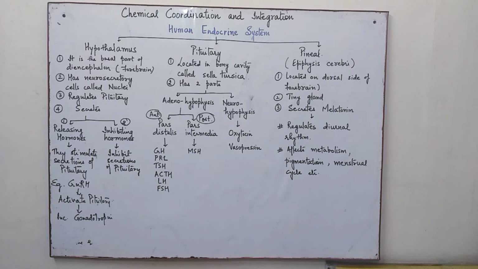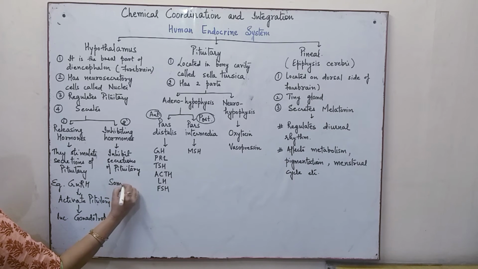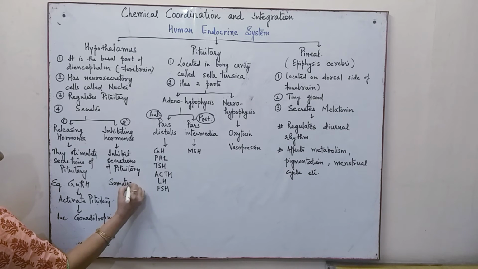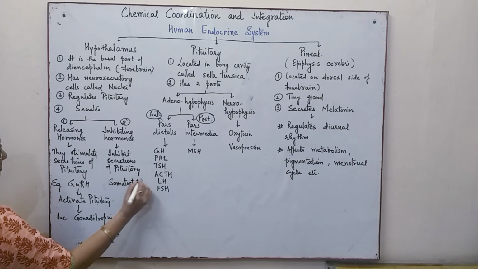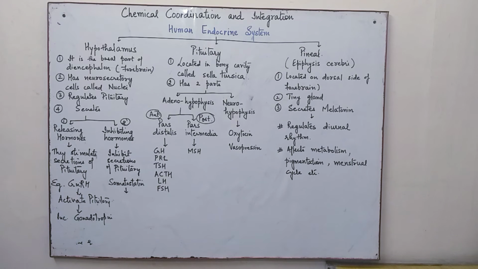Now, inhibiting hormone, one example is the release of somatostatin. There is a hormone which is produced by the hypothalamus, that is somatostatin. Now, this hormone is secreted by the hypothalamus, which then acts on the pituitary, and it inhibits the release of growth hormone.